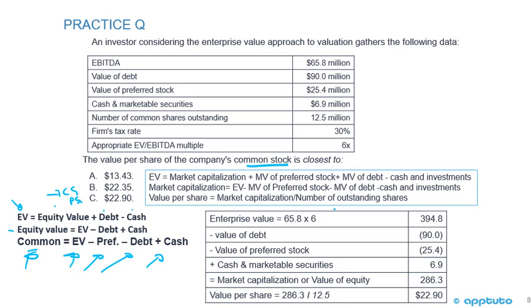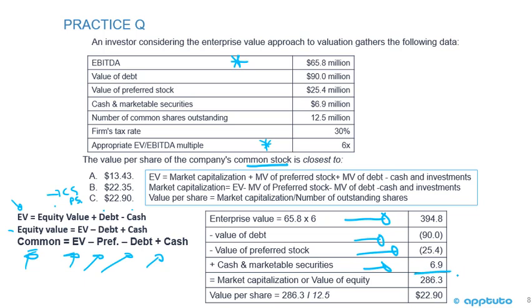So the enterprise value, we've got 65.8 for the EBITDA, and we have the EV to EBITDA multiplier of 6 times. So 65.8 times 6 is 394.8, minus the value of the debt, minus the value of the preferred, plus the cash and marketable securities.